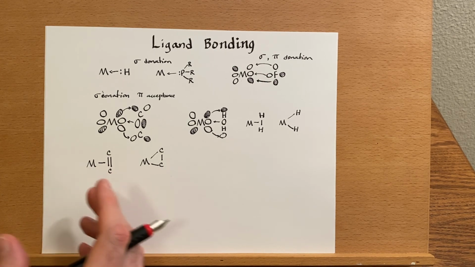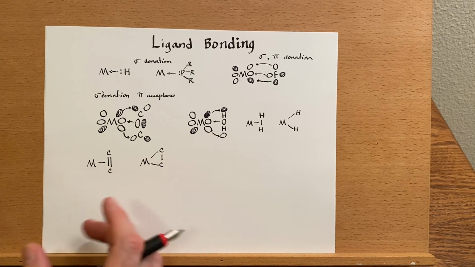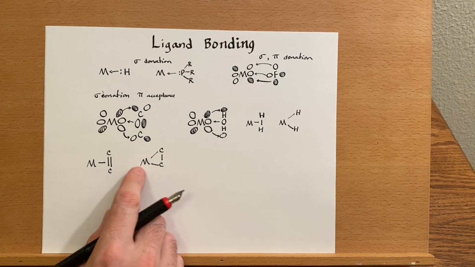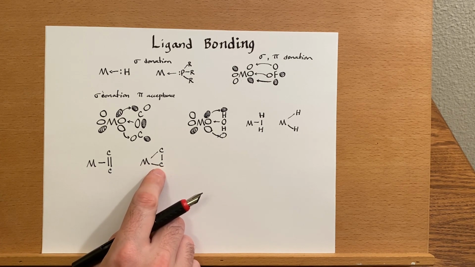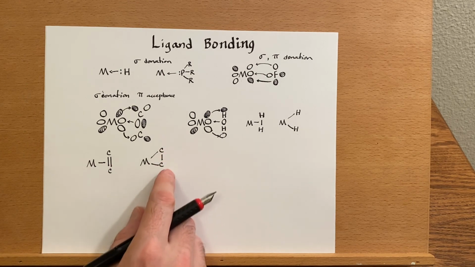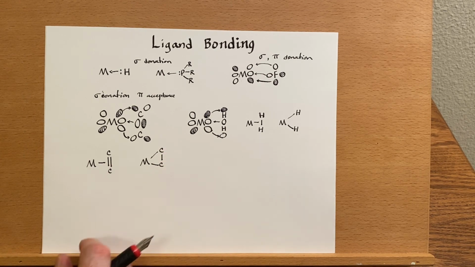Whereas if we had a metal in a low oxidation state, it has a lot of electron density on it. It would be more likely to exist in this state because it has those electrons to feed into that antibonding orbital. So this is a brief overview of some of the bonding motifs that we see in organometallic complexes.